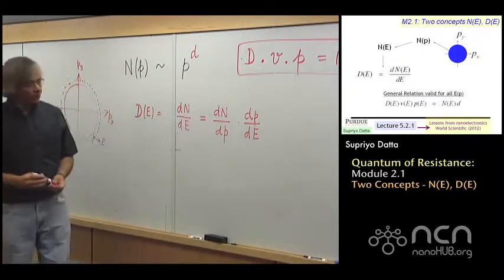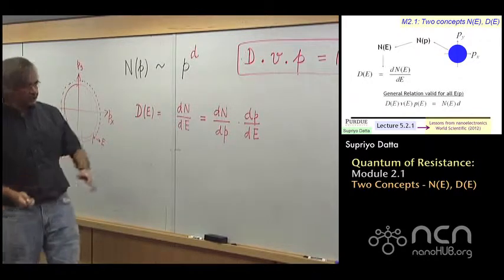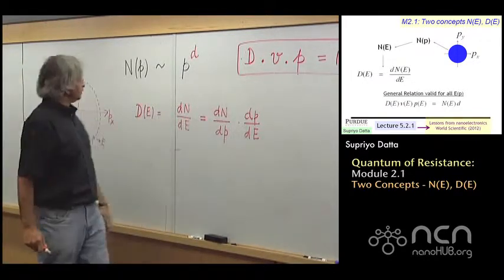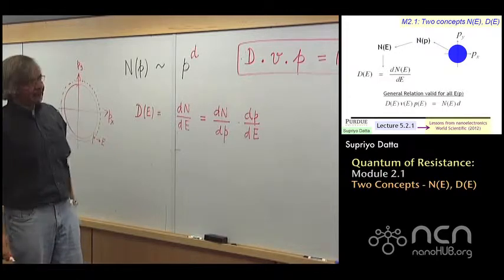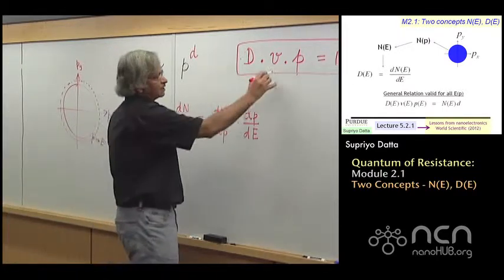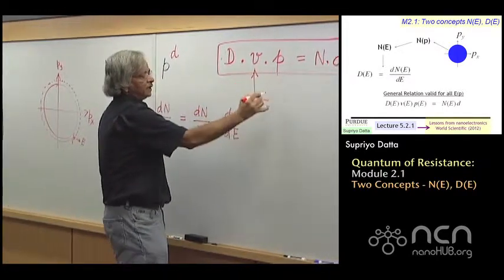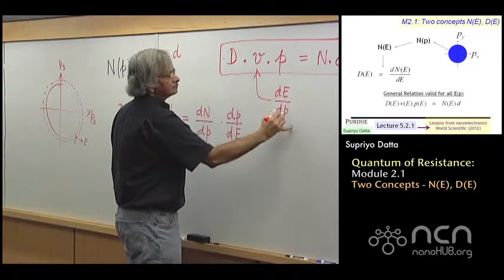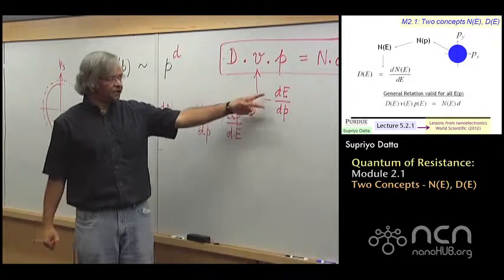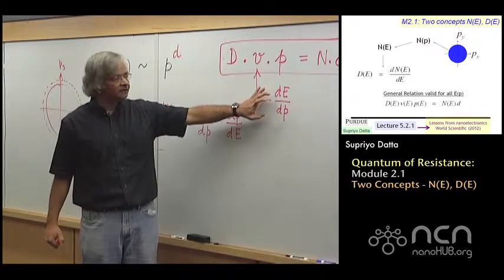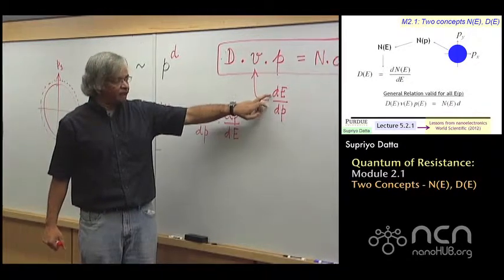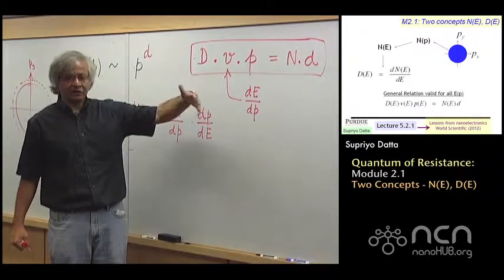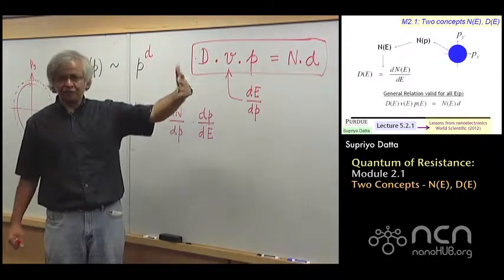Now, one general relation that will be useful, and will come up later also, is that the definition of velocity is dE/dp. Again, you can check this works easily if E is p squared over 2m.